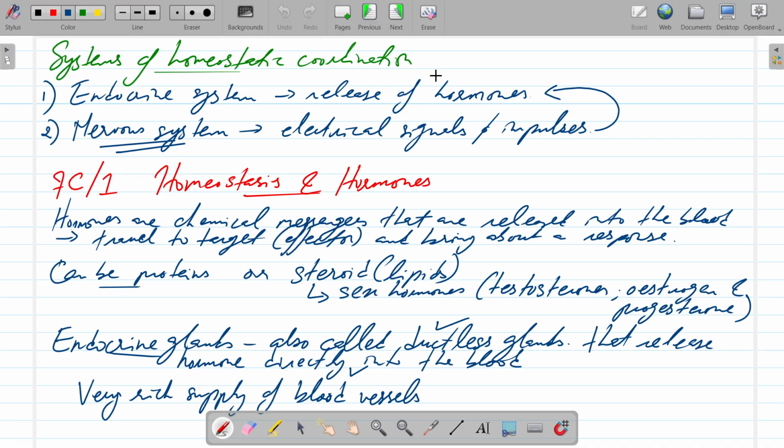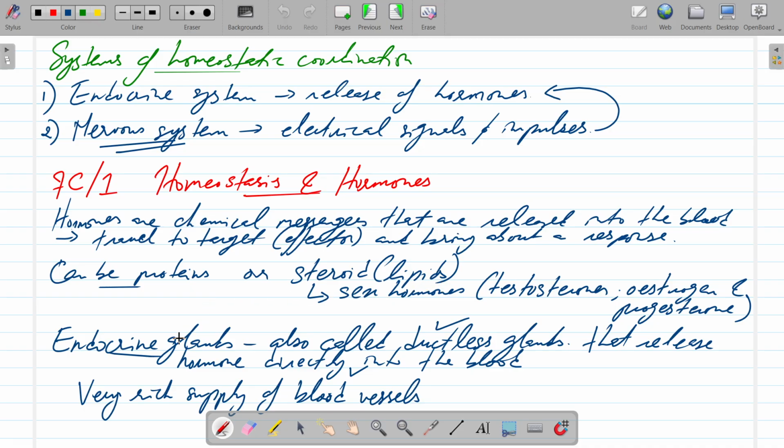So the endocrine system involves the release of hormones. The nervous system is about electrical signals or impulses. And as we will start off with today, the endocrine system is also for the most part under the control of the nervous system.